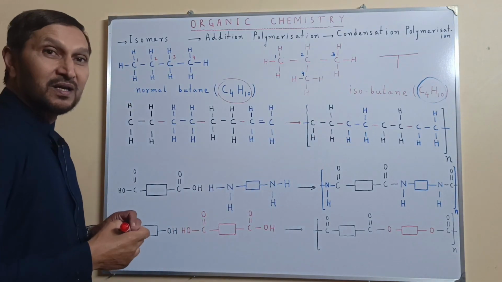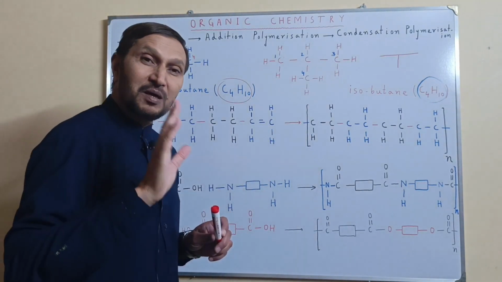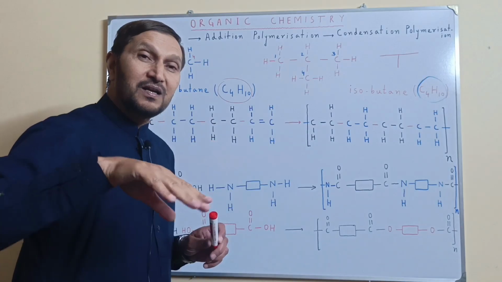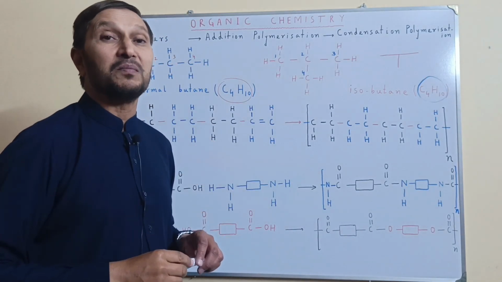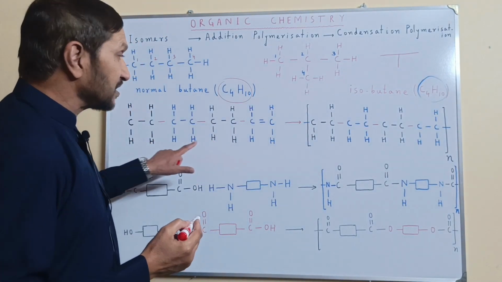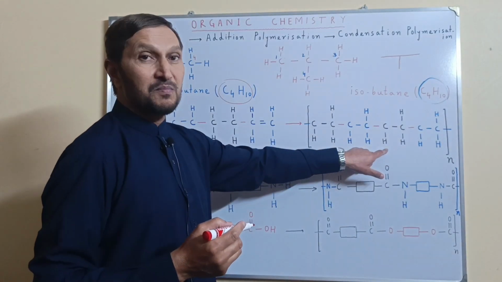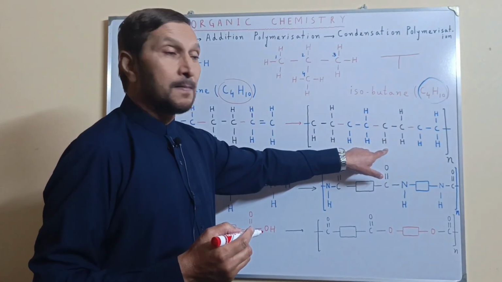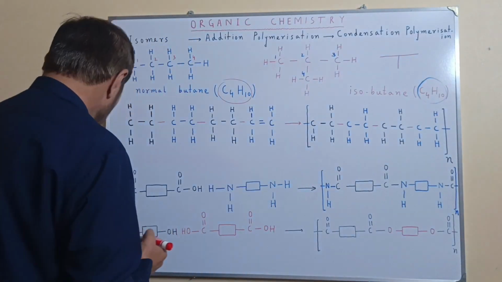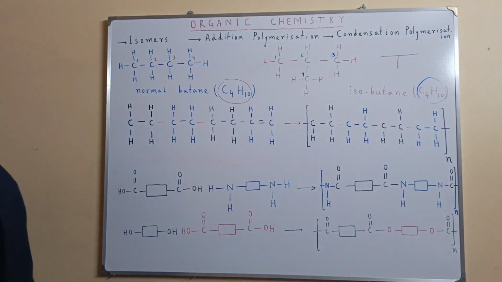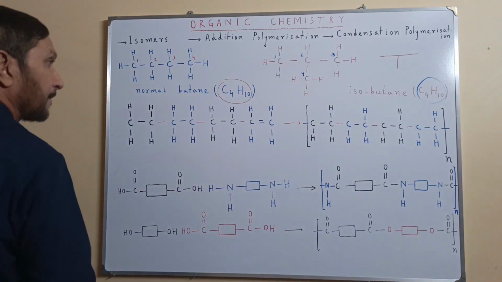In this way, just by breaking down the double bond and connecting it with the next one, we form a polymer. As this was ethene, now the scientists name it polyethene. Suppose now this polyethene, its structure will be like this here.